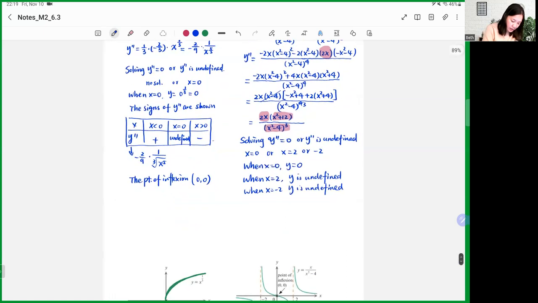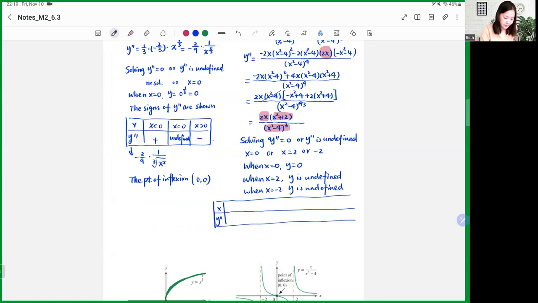Now, if we check the signs, x, y prime prime, you can check the signs. Less than negative 2, between negative 2 and 0, x equals 0, between 0 and 2, x equals 2, and x is greater than 2. I can actually check each section.